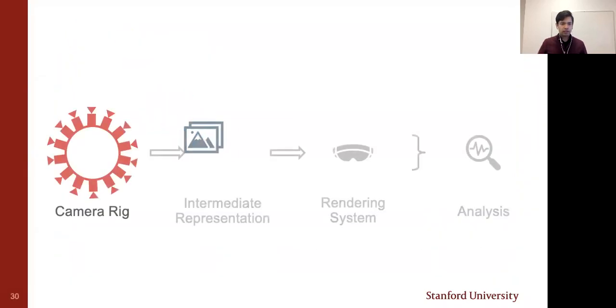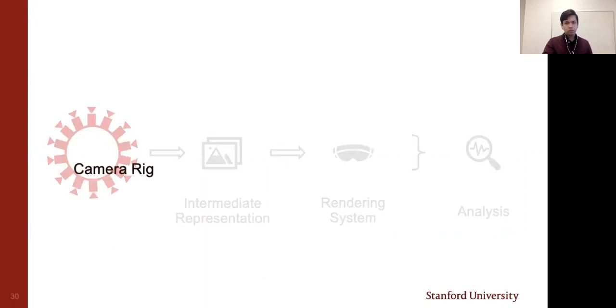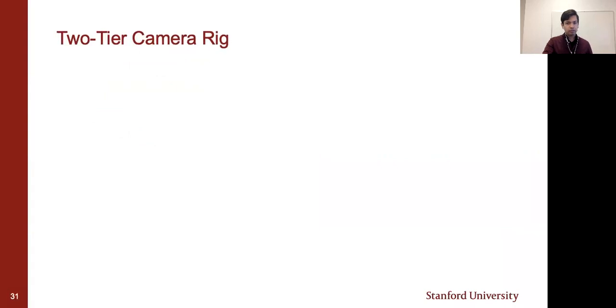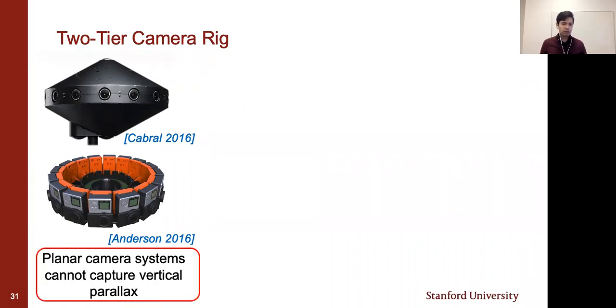Now that we have looked at these two representations, let's discuss how they can be constructed for real scenes using a system of cameras. Most of the VR camera rigs available today consist of a single ring of cameras all in one plane. And while these can capture enough novel perspectives to synthesize horizontal head motion parallax, they don't capture any vertically shifted perspectives.